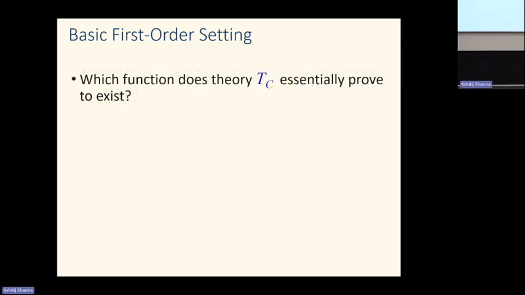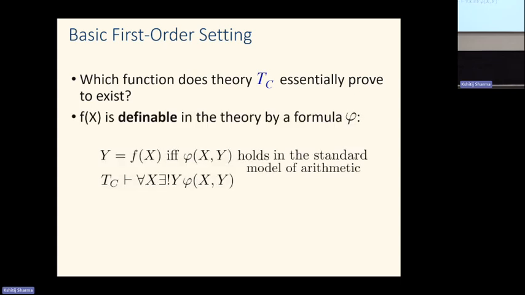As I said, this was the setup, and the question is the following. Which functions does the theory TC, a theory for reasoning in complexity class C, essentially prove to exist? That is another concept from proof theory that we have here in bounded arithmetic.